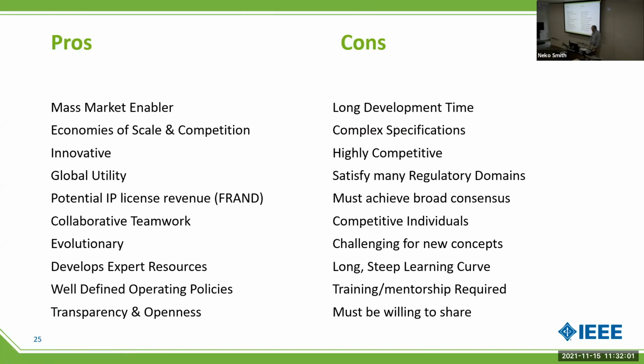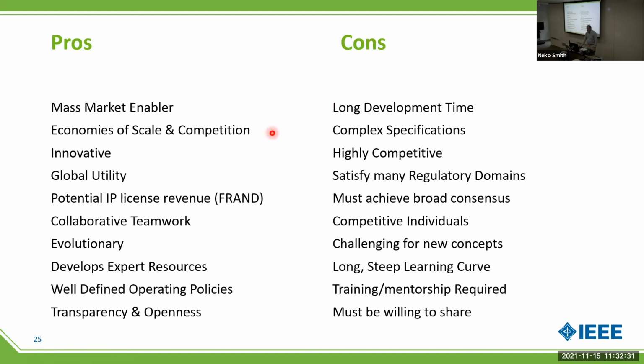So here's my thoughts on the pros and cons of engaging in standards activities. Pros, it's a mass market enabler. So if you're engaged in developing 802 standards and you have a particular market that you're trying to develop, if you get it into an 802 standard, there's a good chance it'll result in a mass market. There's no guarantee. It takes a very long time, those standards, to get out.